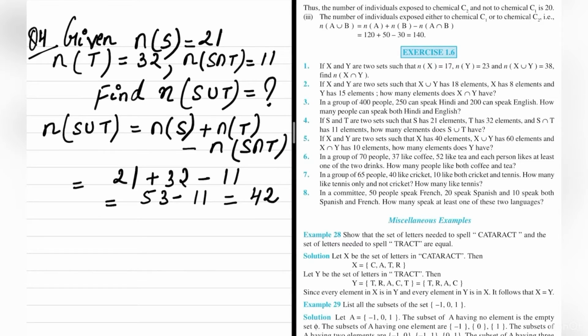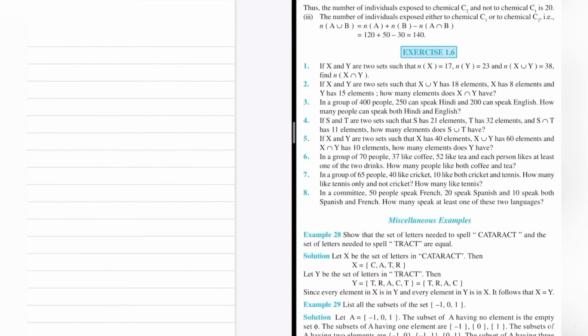Now let's see the next question. Question number 5. If x and y are two sets such that x has 40 elements, x union y has 60 elements, and x intersection y has 10 elements, how many elements does y have? So what is given to you?